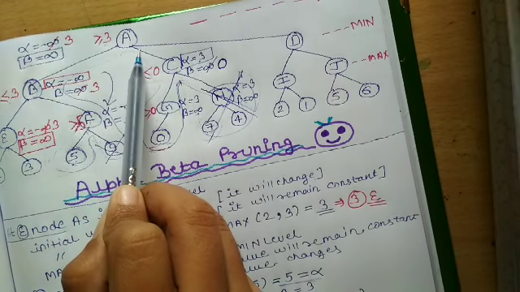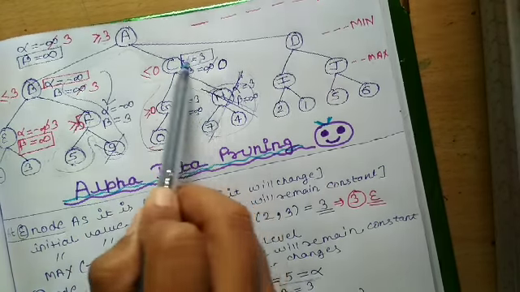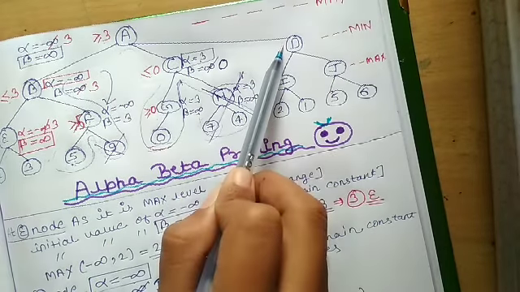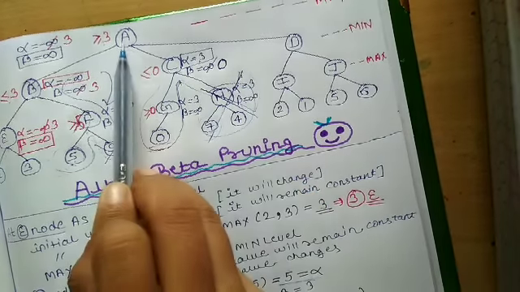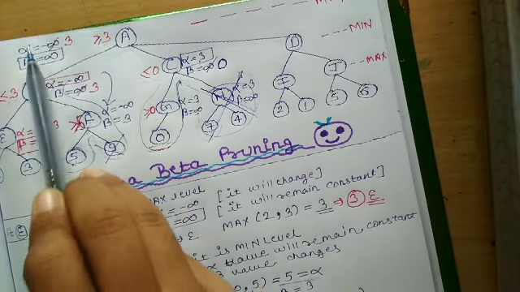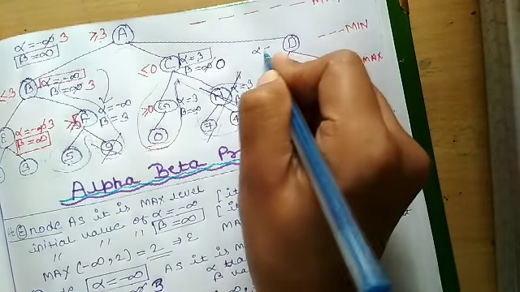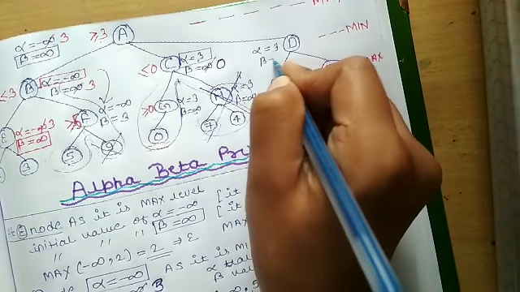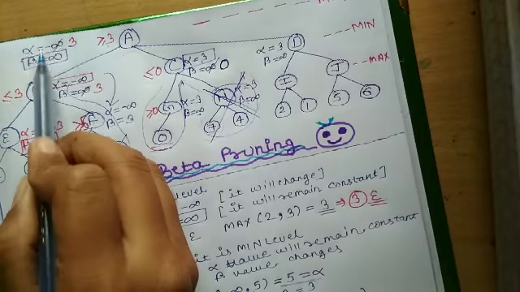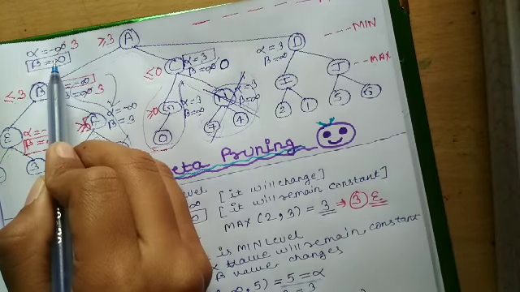After this, we will go from here to here. It will take the value from these alpha, beta. So D will take values alpha is equal to 3, beta is equal to infinity, from this A node's values of alpha, beta.